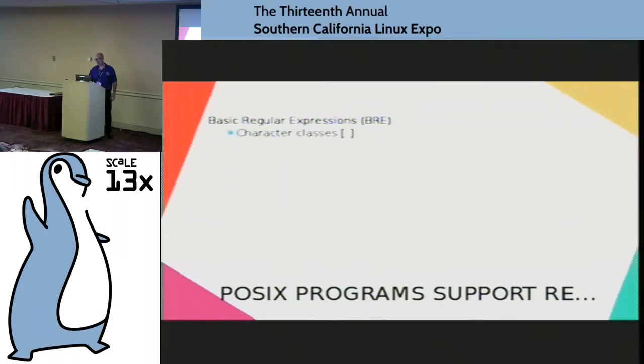The character classes, where you'll put in square brackets what you want to be able to match. Named character classes, where inside of square brackets you'll find another set of square brackets which has a name like digit or punctuation, where it makes it really simple to match something that you might be interested in. Certainly digits are not hard, but punctuation characters, knowing all of them, might be tricky. But there's a lot more we'll see.